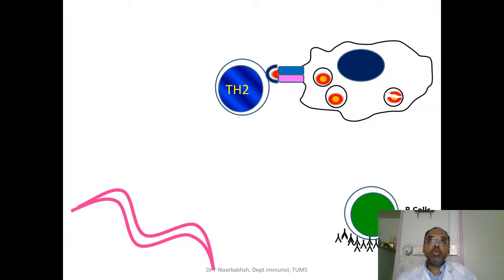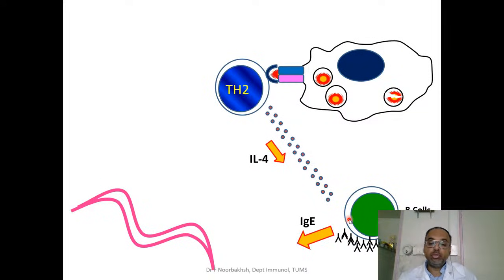Worms cannot be neutralized, they cannot be opsonized, they cannot be killed by complement. So the way that things work is that when you have a worm in the body, especially inside tissues, its antigens are phagocytosed by macrophages and dendritic cells. They present it to T cells. T cells become T helper 2 cells. They produce IL-4, and IL-4 tells B cells to produce IgE. And IgE goes and covers the surface of the worm.